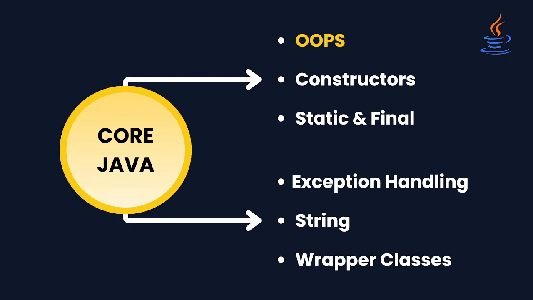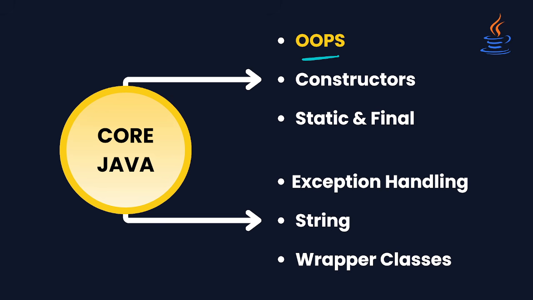Before anything else, your core Java must be strong. I've seen students who can build projects but struggle to explain OOPS clearly. You should confidently explain encapsulation, abstraction, inheritance, and polymorphism with a real time example, not just notebook definitions.